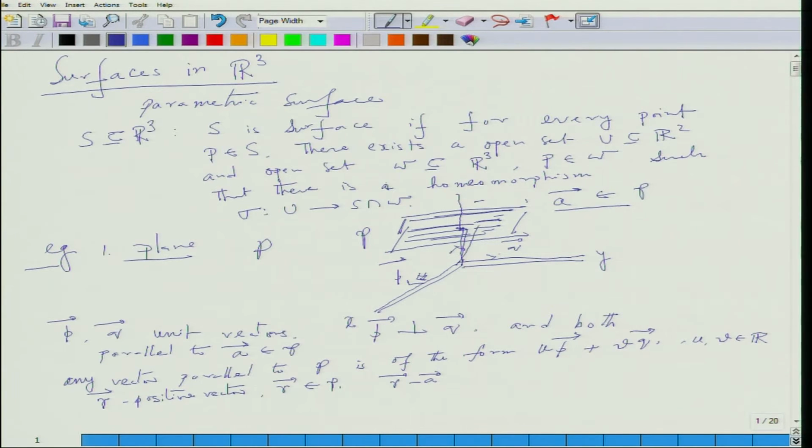So here is R, another vector here. So, R minus A will be parallel.